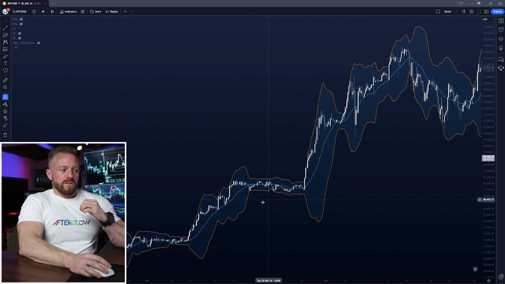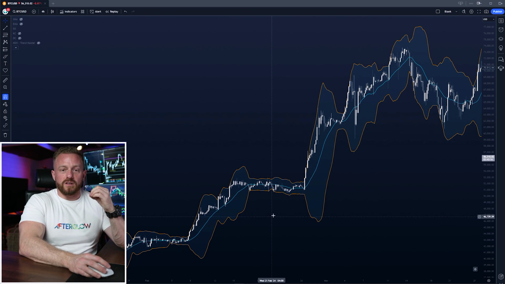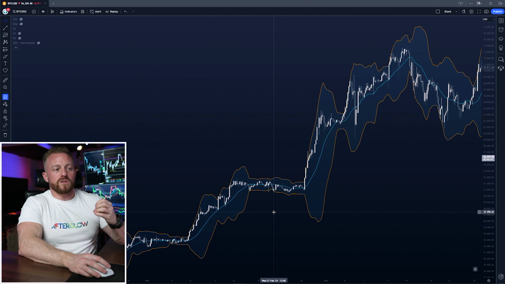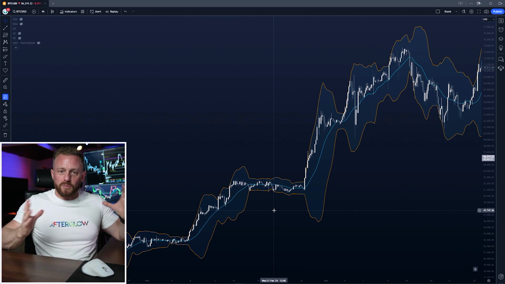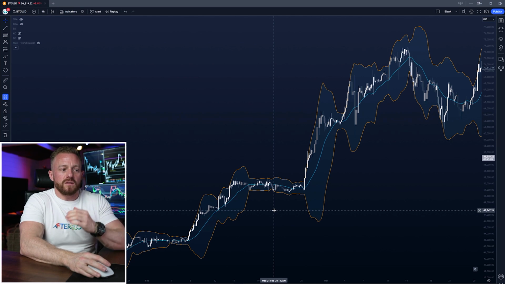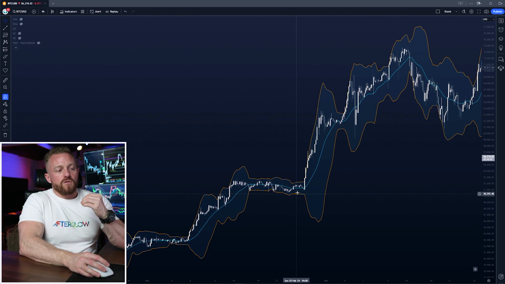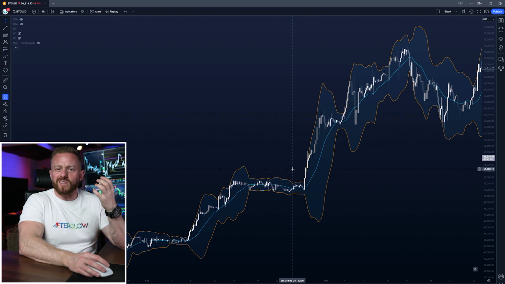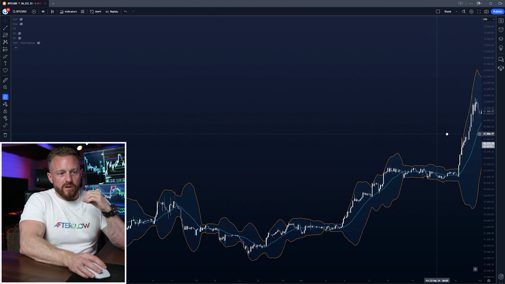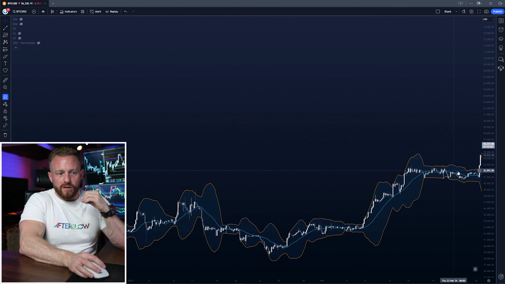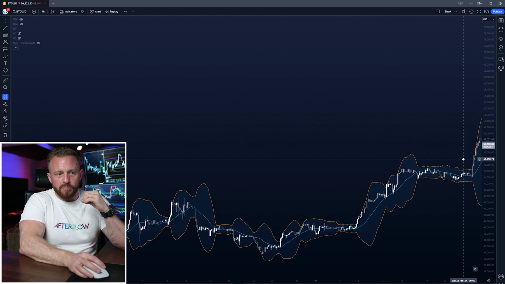Now, this highlights perfectly why I prefer to use this for timing these expansions and contractions in the Bollingers rather than looking for those reversals, because it's easy to see this with hindsight. But let's say here, when the bands first started blowing out, well, the price action touched the upper band.